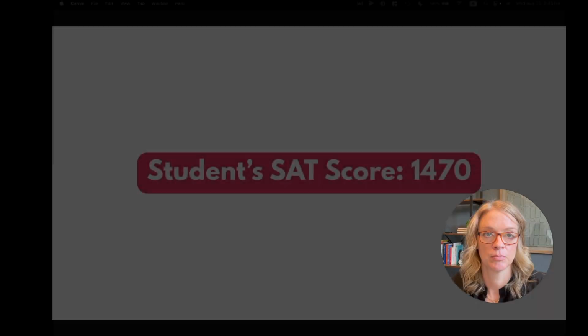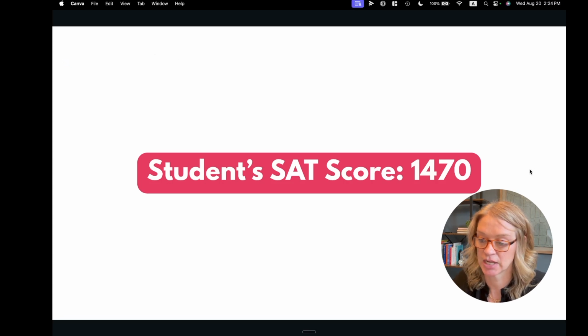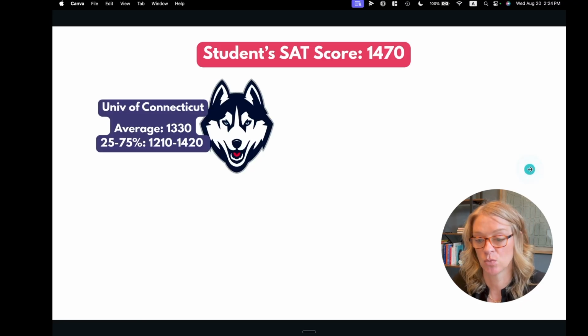Here we go. The first thing that you are going to want to decide is which schools to submit scores to. So I made a scenario here where we have a student who did very well on her SAT. She got a 1470. So I'm just going to walk you through the basics of what I would do in her case. So she is going to be applying to 4 schools, and we're going to look to see which schools she should submit her scores to.